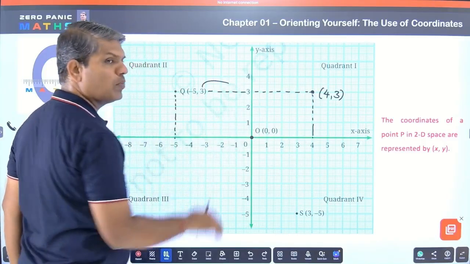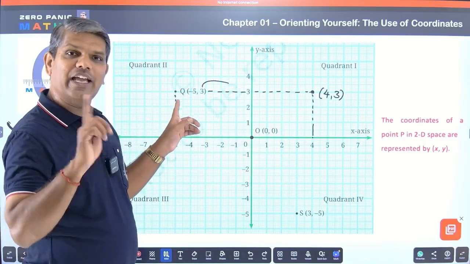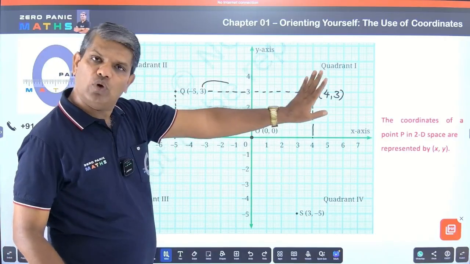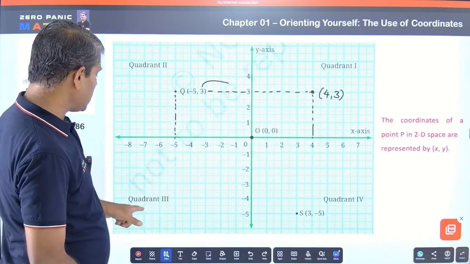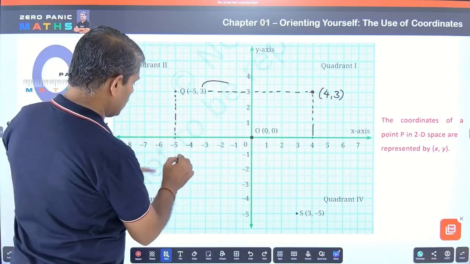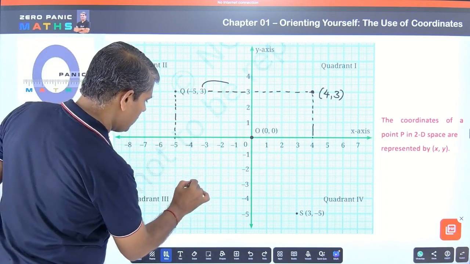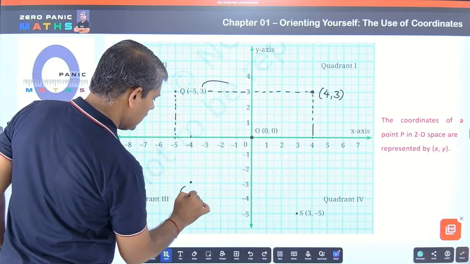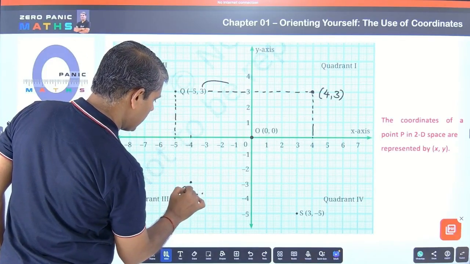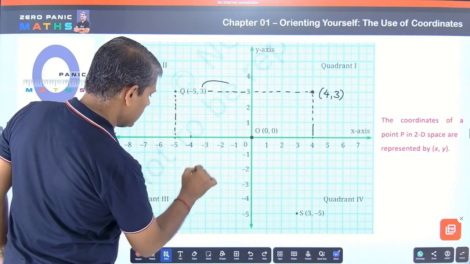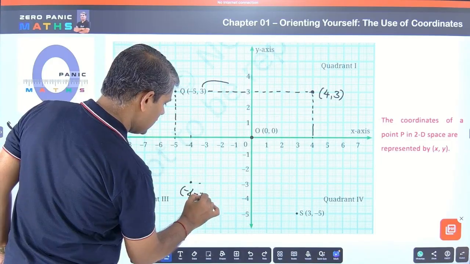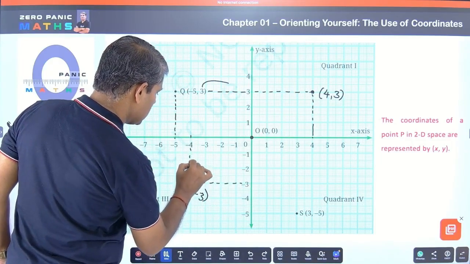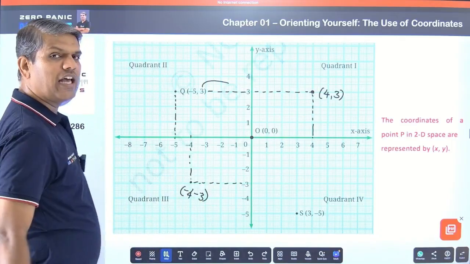So in the second quadrant, x is negative, y is positive. In the first quadrant both are positive. Here in the third quadrant both are negative. If this is the point, then -4 is the x coordinate, and -3 is the y coordinate. So in the third quadrant, both x and y are negative.